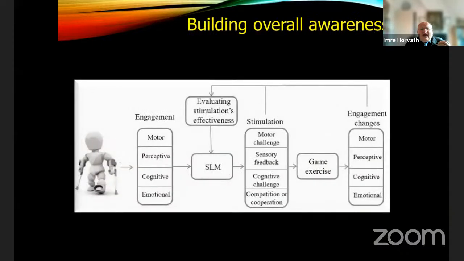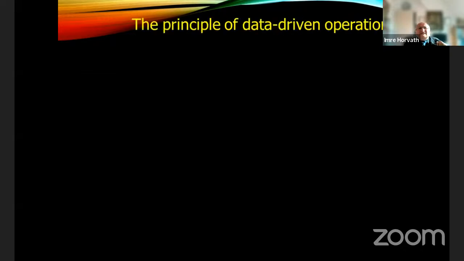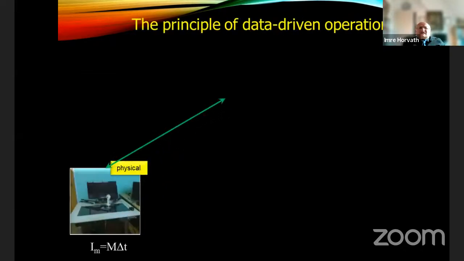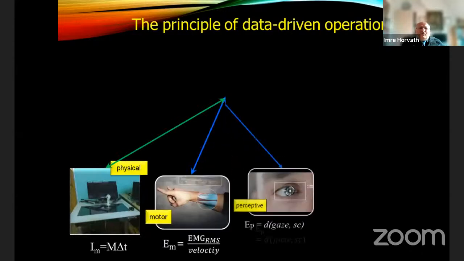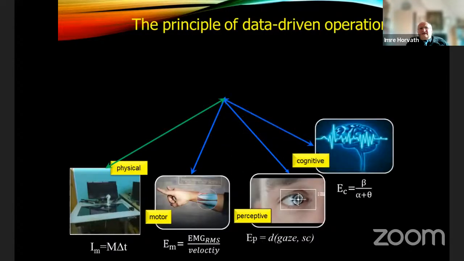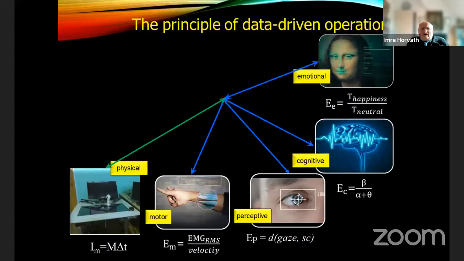So we have a smart learning mechanism, and it combined the motor, the sensor, and the cognitive challenge results, and tried to develop an indicator for how much the patient in treatment was aware of what is happening, what he has to do, and how he has to do it. So here is the explanation of the principle of the data-driven operation.